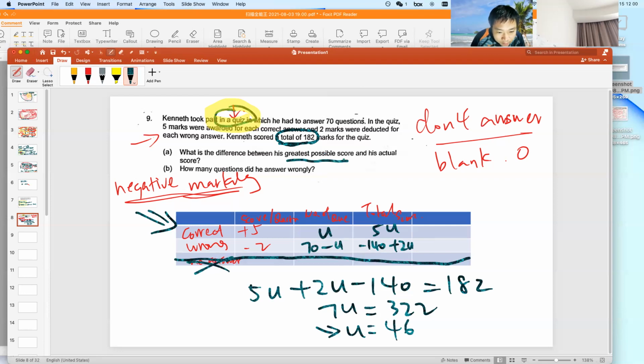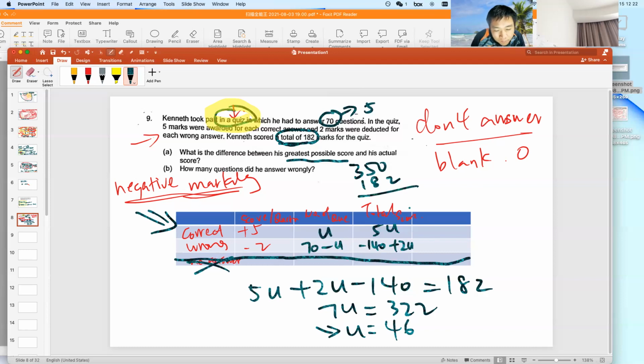The best score means you just need to look at how many questions there are. So 70 questions. The best is all correct, so all correct is 350. So you take 350 and minus the 182. Am I right? So this is the way to look at this question.